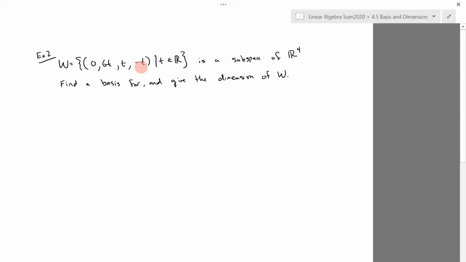Okay, so this next example here is similar to the previous example. So we have this subspace W defined in this way, and we need to find a basis and determine the dimension, right? So our arbitrary vector W has one free variable, t.